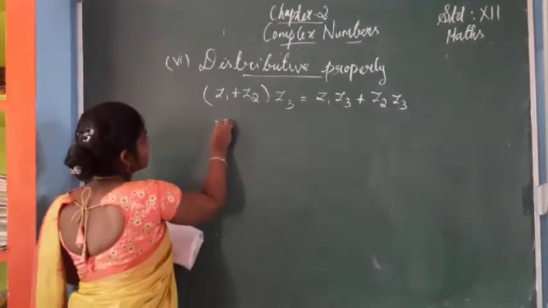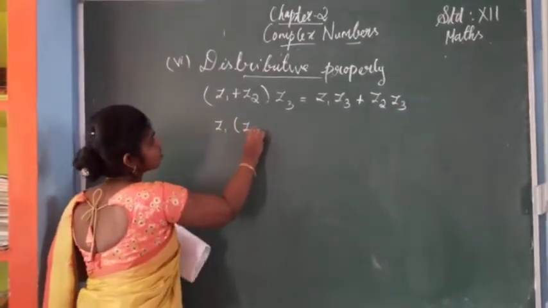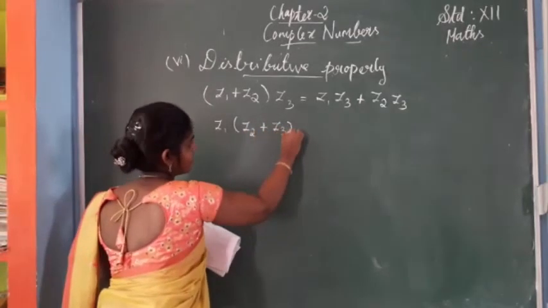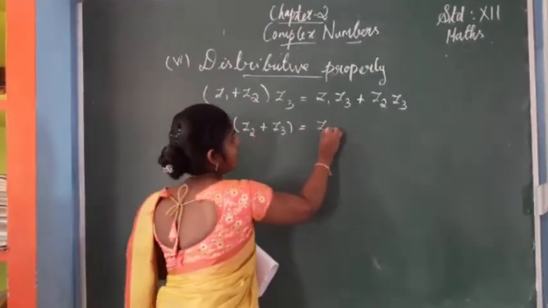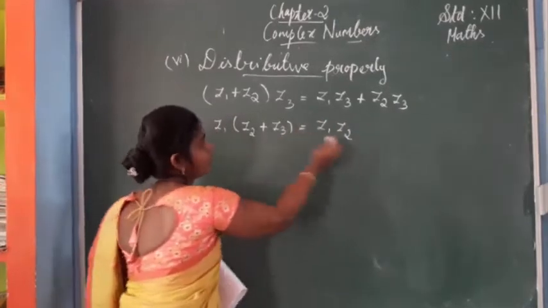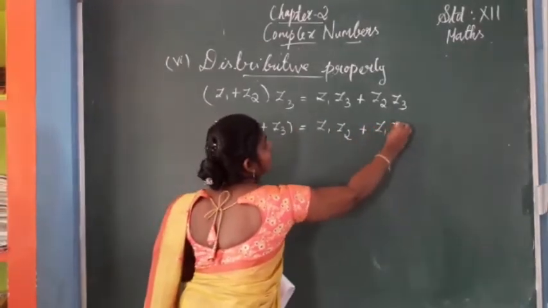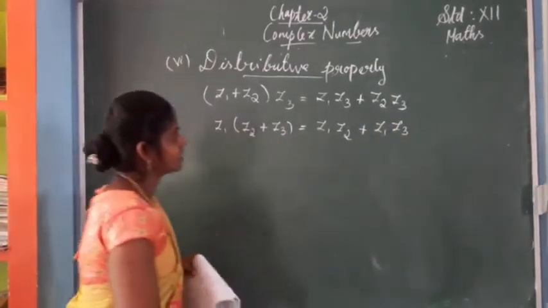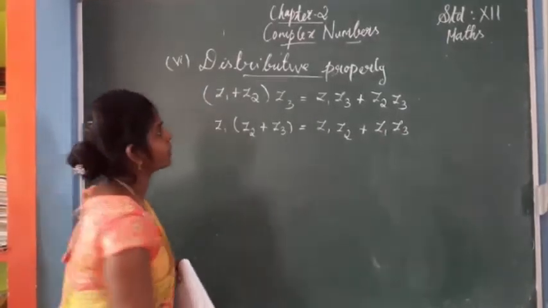Next one, z1 into z2 plus z3 is equal to z1 into z2 plus z1 into z3. This is the distributive property.